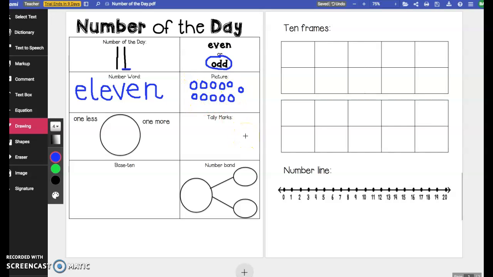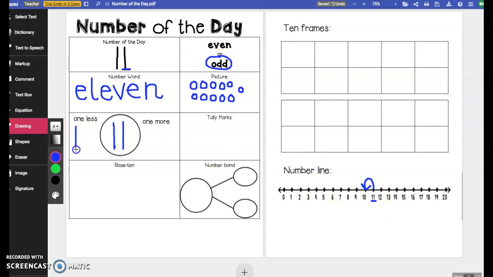And you see, even when we draw out all 11, here's the oddball, so we know that it is an odd number. All right, so now I want us to think about what number comes before 11 and what number comes after 11. We found it on our number line. So when we look before, it's the number we say right before when we're counting. So 10, 11.